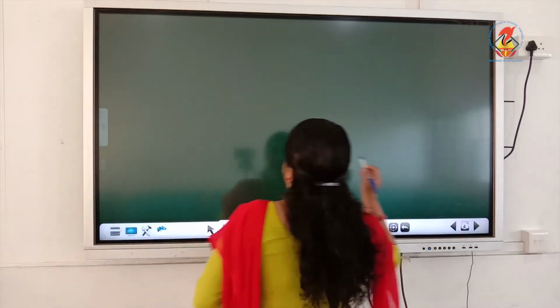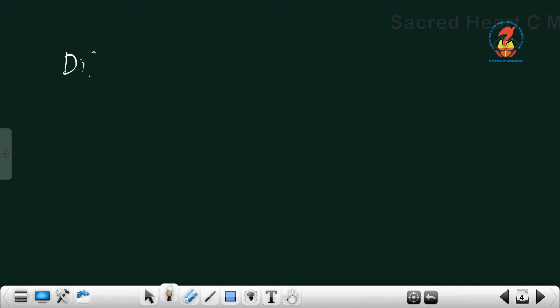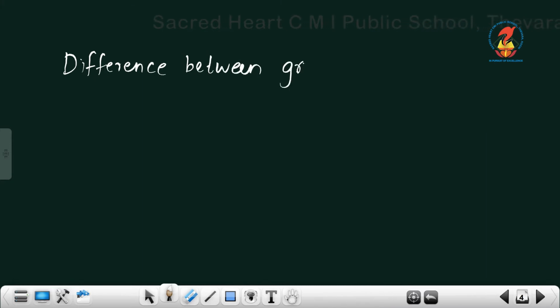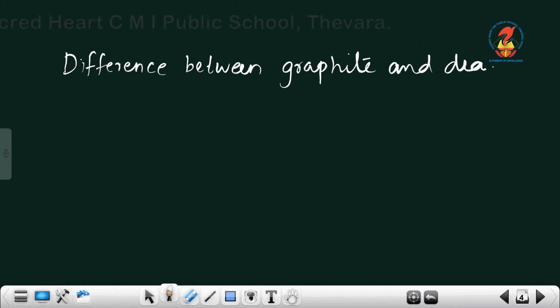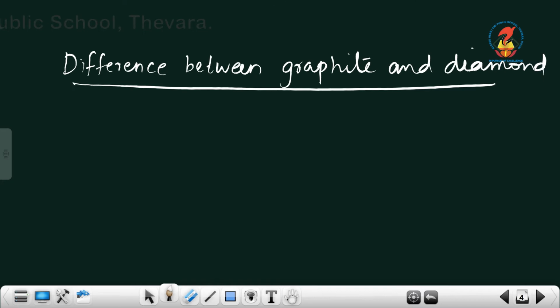Now the next is, we have to see the difference between graphite and diamond. So, what are graphite and diamond?